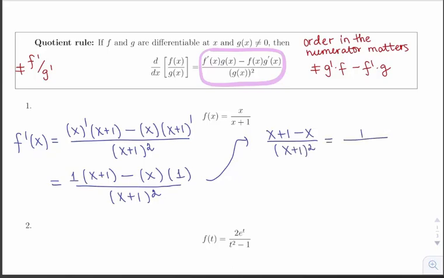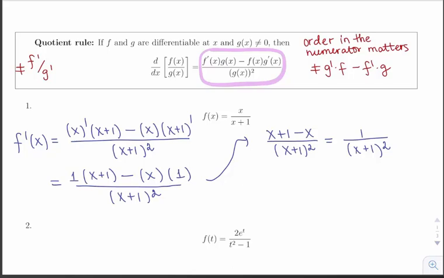So that simplifies to 1 over x plus 1 squared. Okay, that is the first example. Again, what have we done here? We just followed the formula very carefully, computed the derivative, simplified. If you can reduce things, go ahead and do that. In this case, we can't reduce anything.